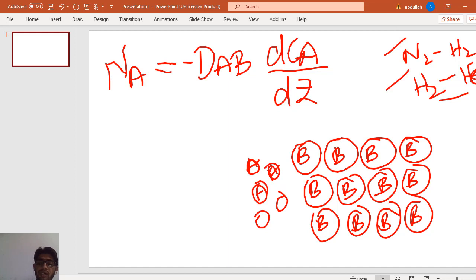One is gas B and the other is gas A. Suppose the gas B is stationary and its flux is 0, and the A is diffusing into the gas B.